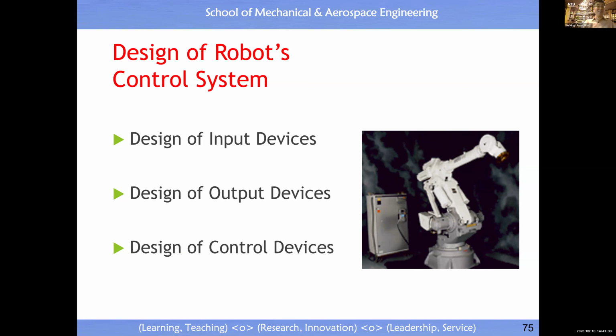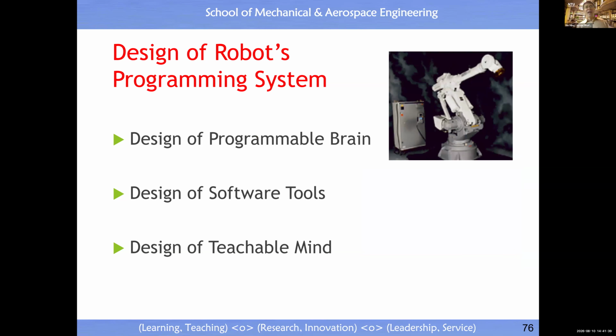This is why you see 4832 is a very, very important course for you to study in parallel. Then the programming system is also a very big topic, because for this system you must know the design of the electronic brain and also AI. AI is about the study of the design of a teachable mind.